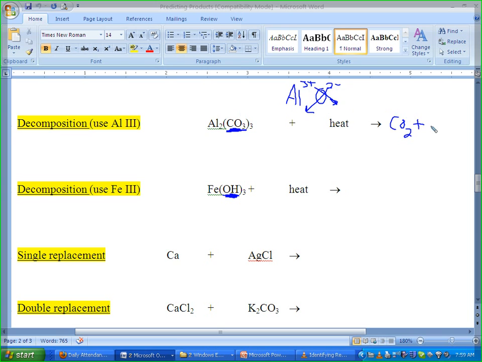So with decomposition, the only ones I'll show you will be like these 4 examples you have. It'll either be one with a hydroxide or one with a carbonate. Or it'll be a very simple one where it doesn't have a polyatomic ion, where it just breaks down into the 2 smaller constituents, right?